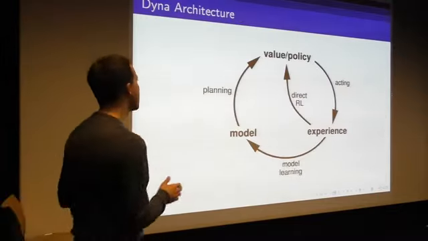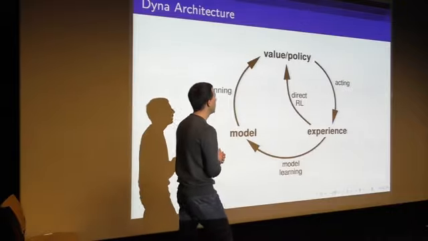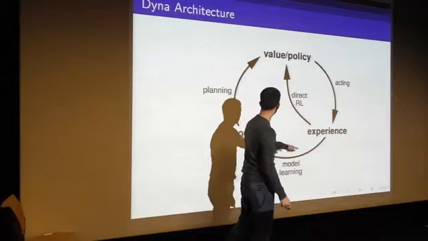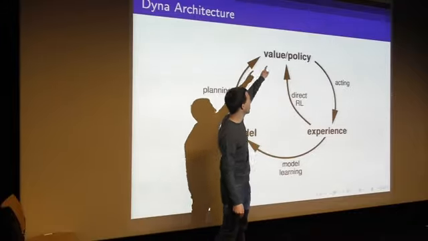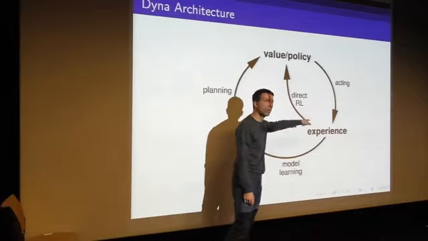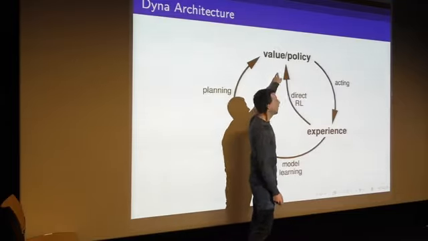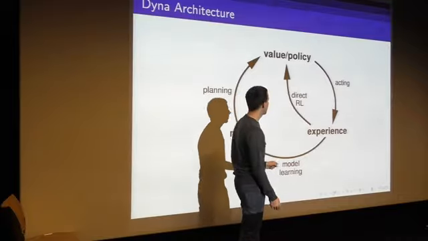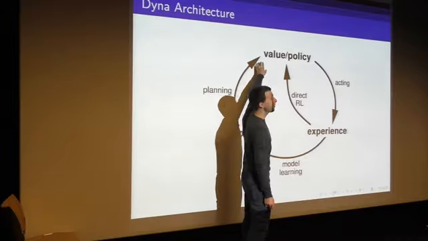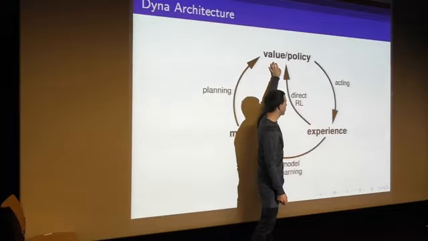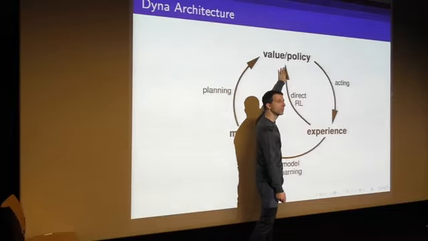It looks a little bit like this, where we've taken our model-based reinforcement learning loop, where we went from experience, learned a model, planned with that model to give us a value function, and acted in the real world to generate more experience. The thing we've added in is this arc here, where in addition, we don't just learn our value function by planning with the model, we also learn our value function directly from the real experience in the real world.